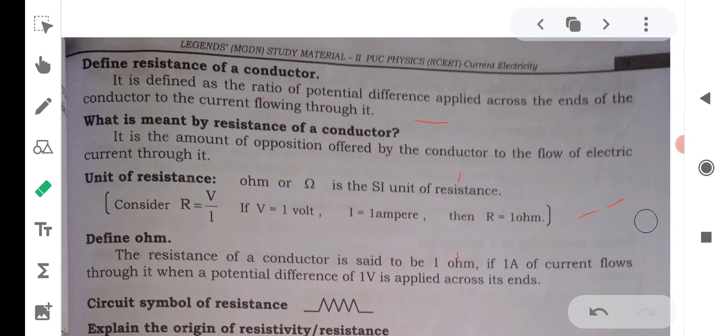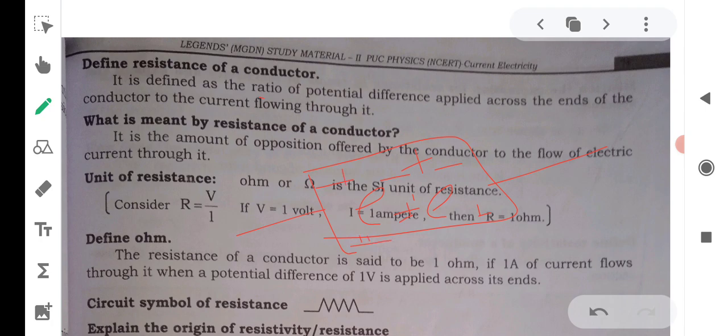One more factor we will discuss. What will happen in the case of conductors? For example, this is one conductor, and a number of electrons are flowing, and that flow of electrons gives the current. When current is flowing in the conductor, what will happen here? Some positive ions are there in the metal.